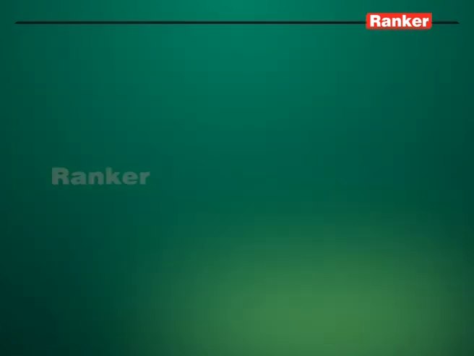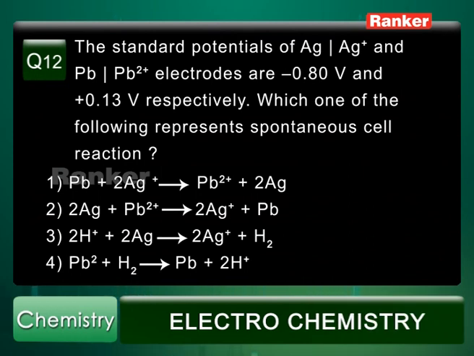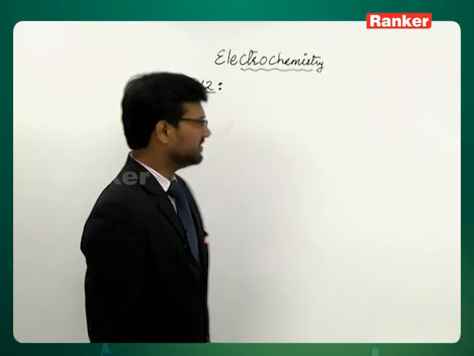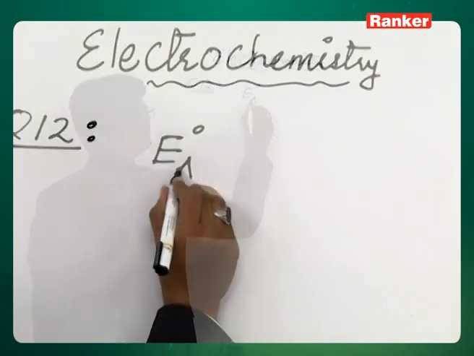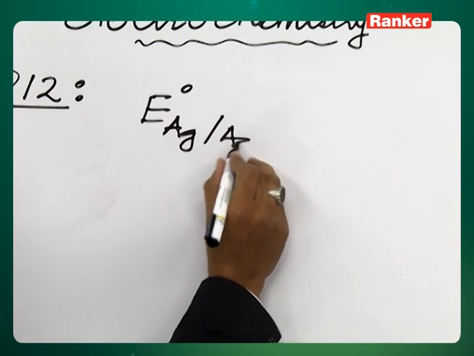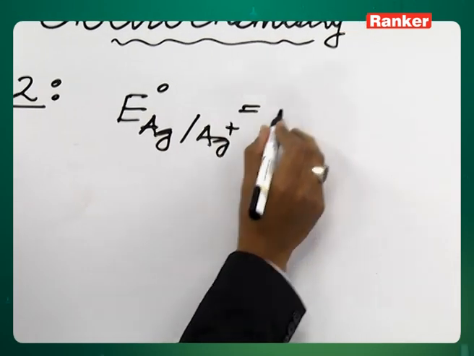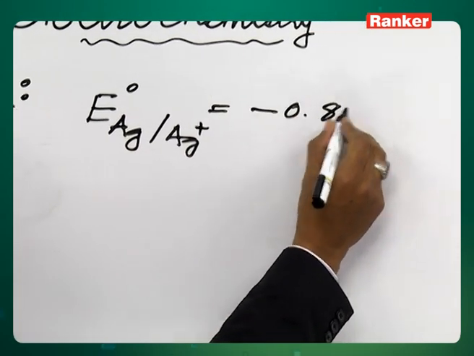Question number 12. The standard potentials of Ag plus and Pb2 plus electrodes are minus 0.8 and plus 0.13 volts respectively. Which one of the following represents the spontaneous cell reaction? See, E naught of Ag plus is given as minus 0.8 volts.